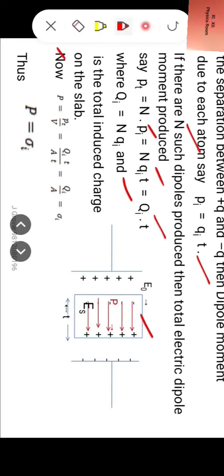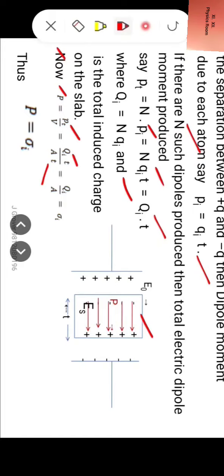Now polarization P is equal to total dipole moment per unit volume. So Pt divided by V, or we can replace Pt by Qt and V by A into t, area into thickness.